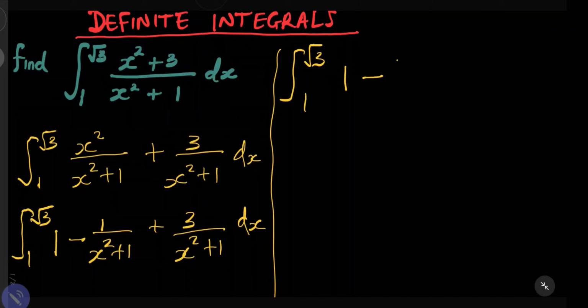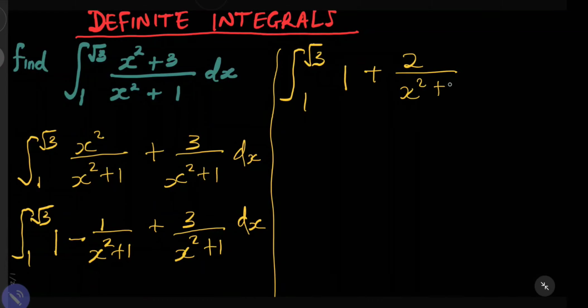This gives us 1 plus 2 over x squared plus 1 dx. So this is the expression whose integral we would be finding now.